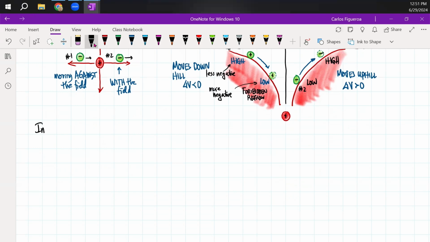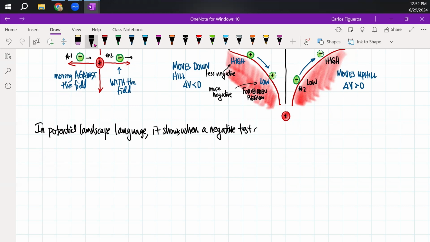In potential landscape language, it shows when a negative test charge increases/decreases electrical potential energy.